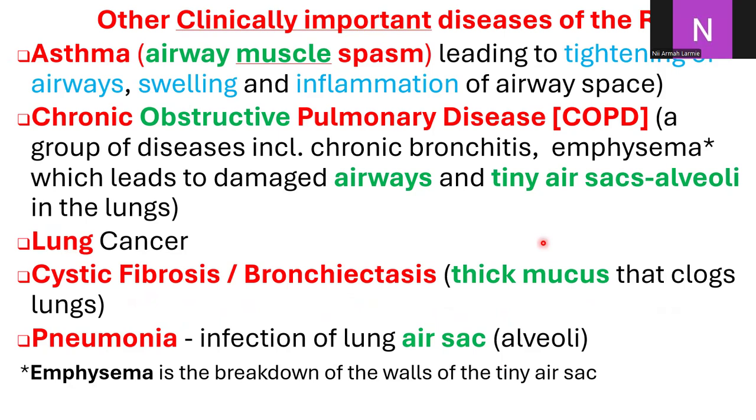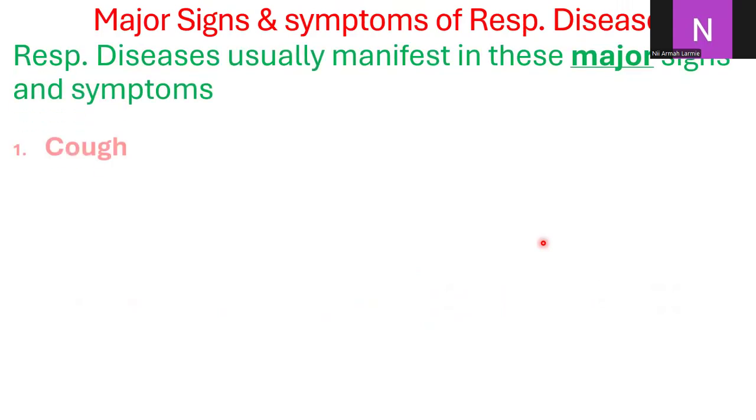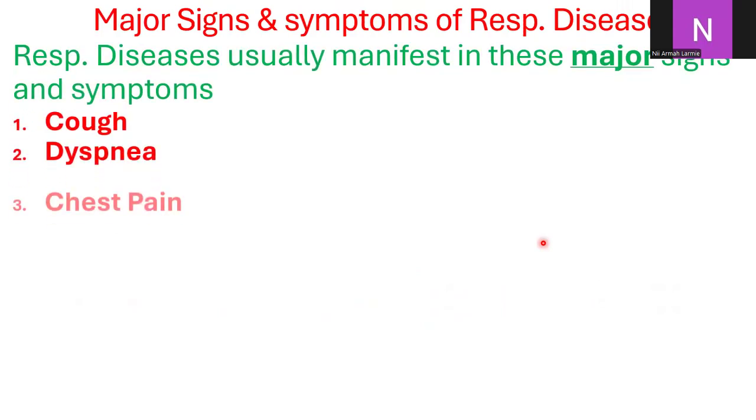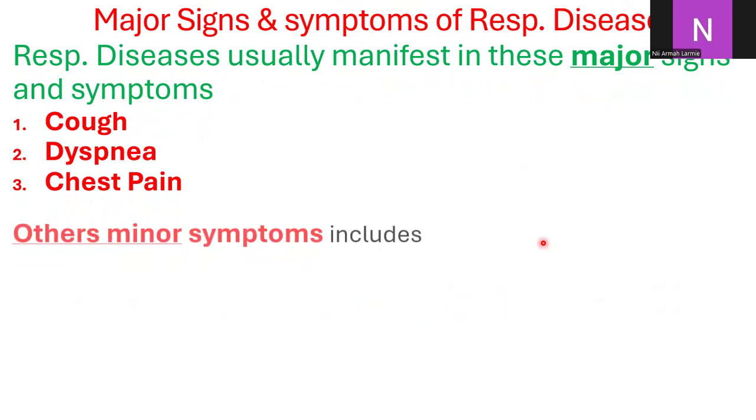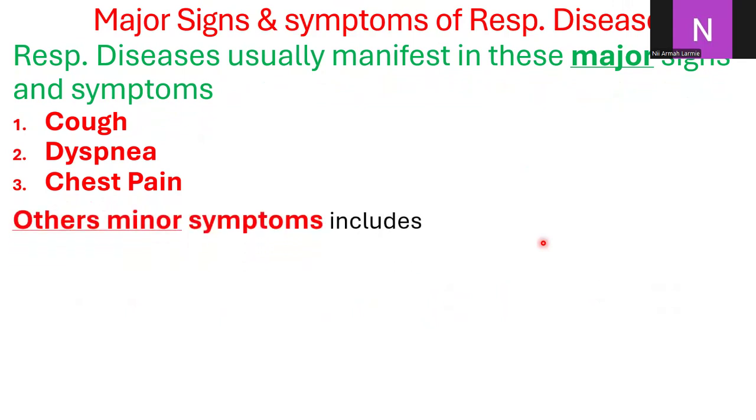Now, there are some signs and symptoms that point us to diseases of this system. So we want to look at a few prominent ones, which once we see, bring to our mind the fact that there may be a disease of the respiratory system. The first one is cough. Cough is a major symptom, a major sign of disease of the respiratory tract.